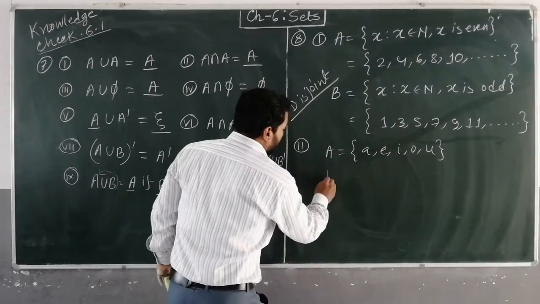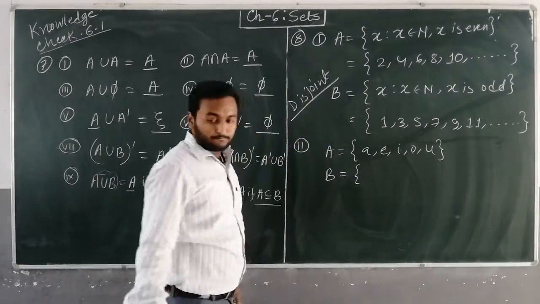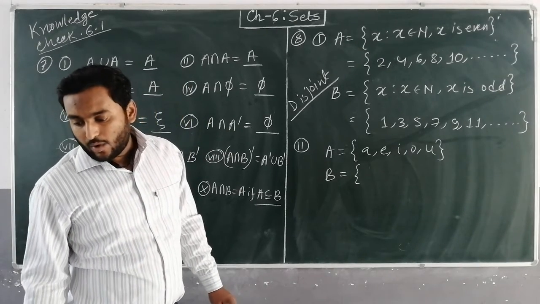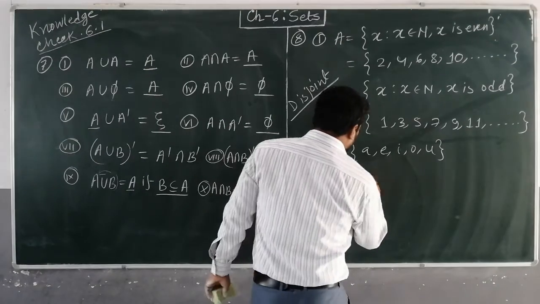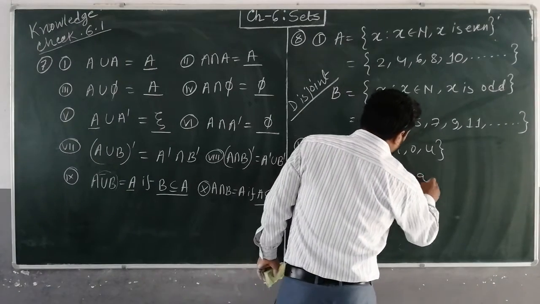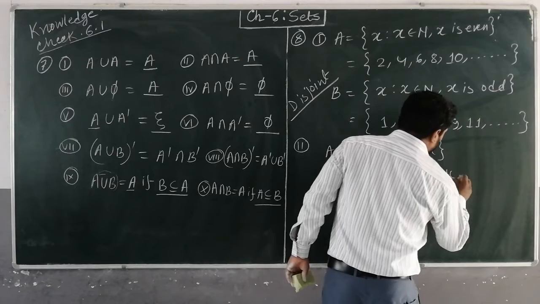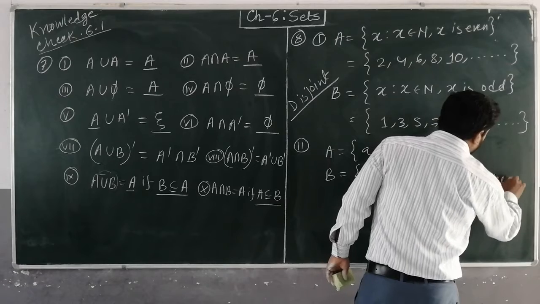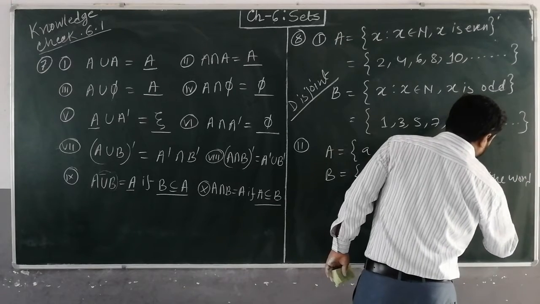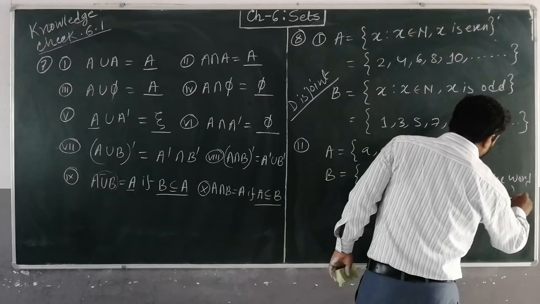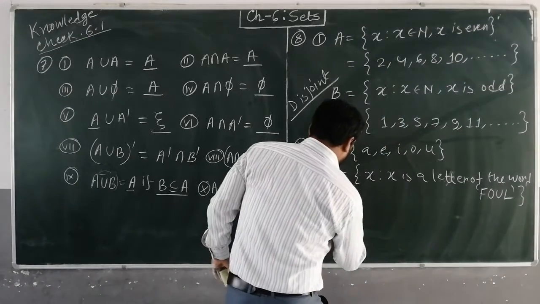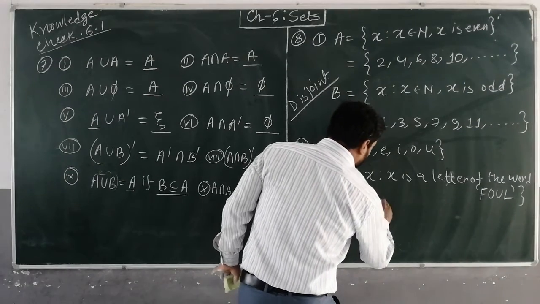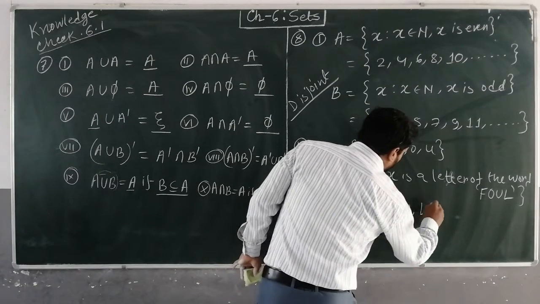This is the set A, and the set B is given as the set of x such that x is a letter of the word fowl. So the letters are F, O, U, L.